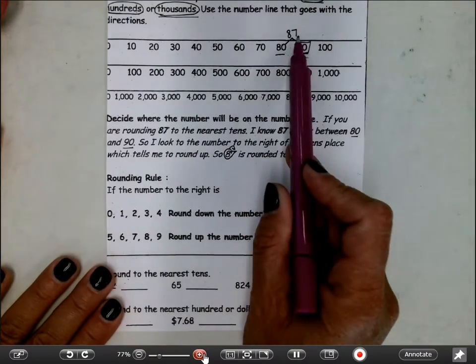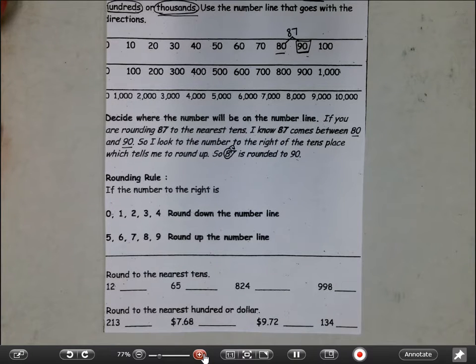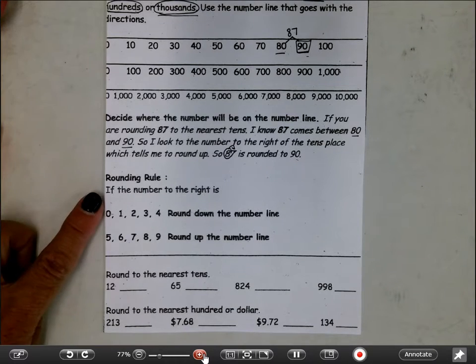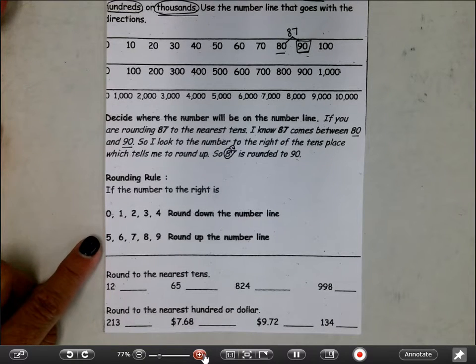Because it has to climb the vine. It has to climb the vine, because where is 7? It's between 5 and 9, isn't it? Okay, look at this rule. If the number to the right is 0, 1, 2, 3, or 4, round down. Go to the smaller number. 5, 6, 7, 8, or 9, round up.